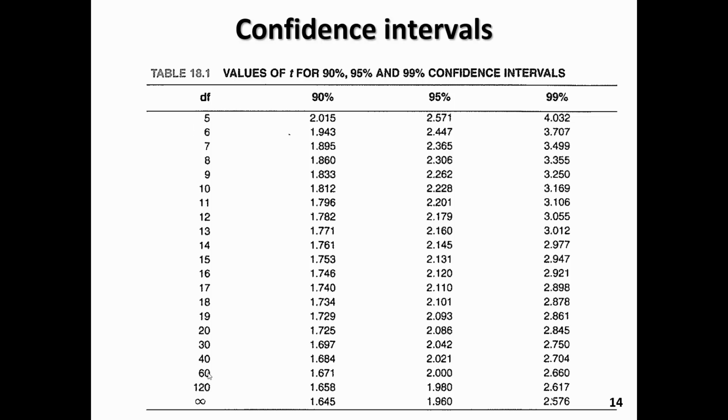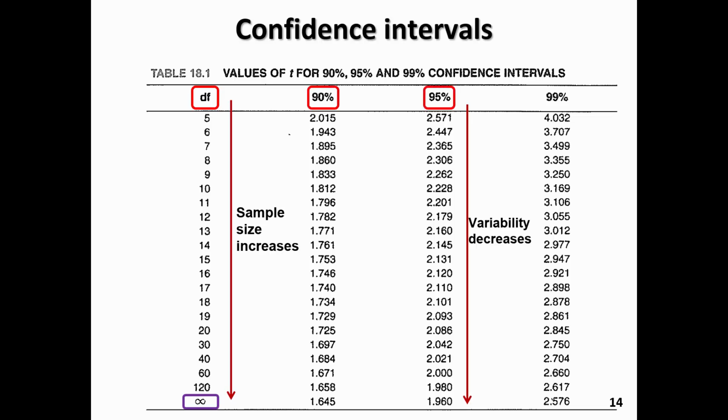They do get larger, but we'll talk about the largest one shortly. As we move from the top of the table towards the bottom, the sample size gets larger and larger and larger until it gets to an infinitely large sample size, which in theory is the size of the population. And we typically use the 95%. This particular table shows 90 and 99% as well.